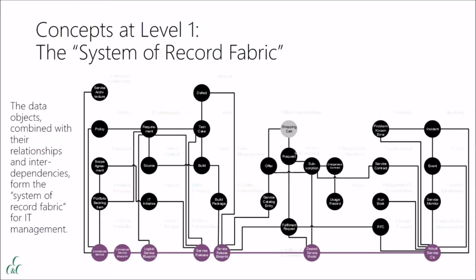This is a view of the level 1 model with only the data objects showing, and again, people say, well, that's not architecture, it's too simple, where's the cardinality, this is just some circles and lines, and it looks like a PowerPoint. It is, and that's part of the strength of it. I can show this to the Senior Vice President of Infrastructure, and she will find herself there in that picture.